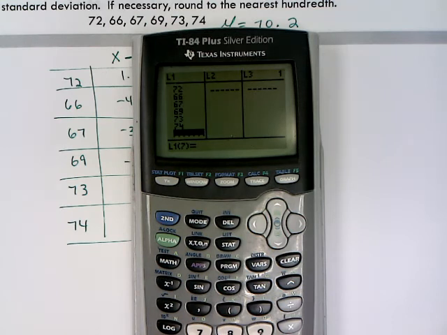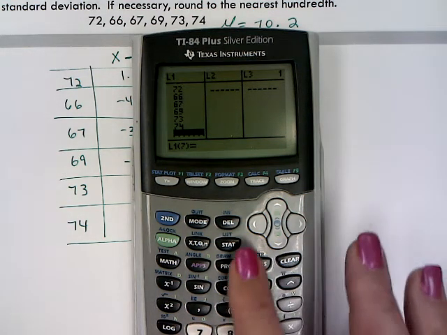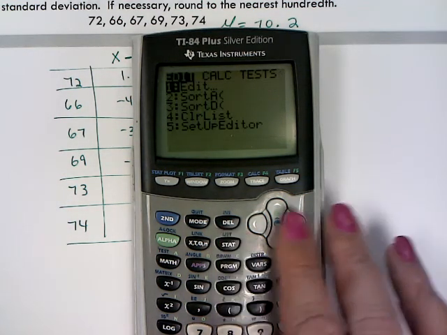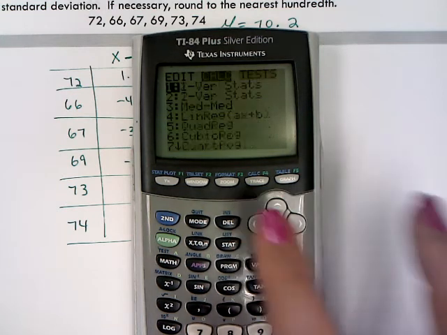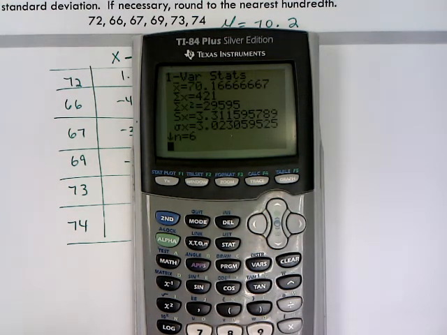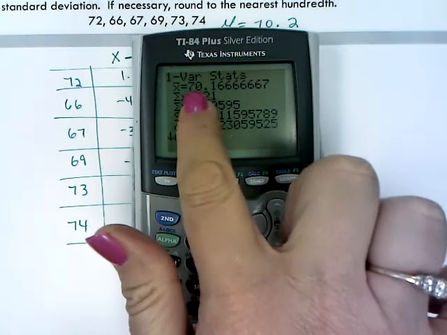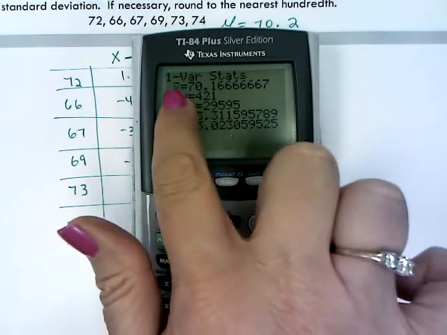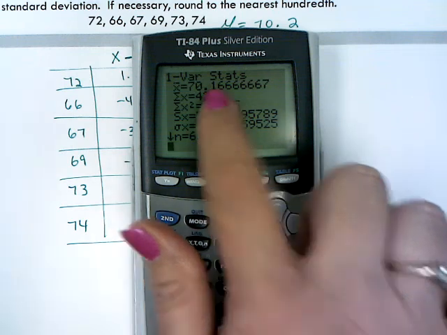So now, if I want to find variance and standard deviation quickly, that 1-Var Stats button has everything I need to know. So I can come here under Stat, Calc, 1-Var Stats, enter twice. It tells me right there that my average, which is my mean, is 70.2.